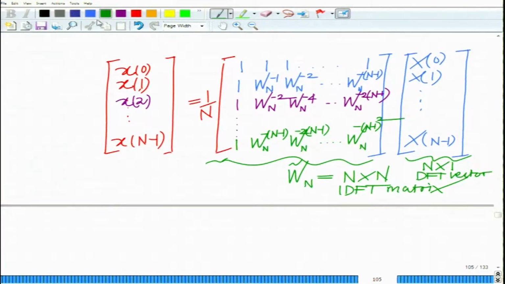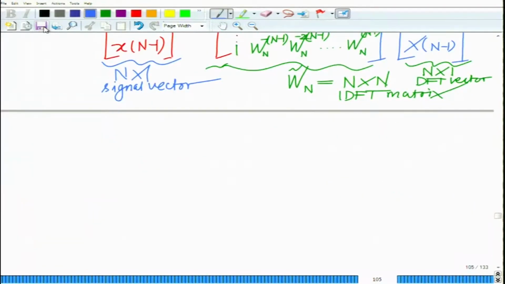The input is the DFT vector and the output is the N cross 1 signal vector, and you can see therefore that I can write this x bar equals W N tilde times X bar.